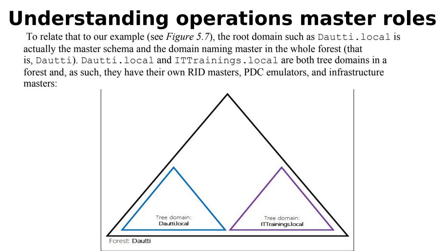Duwati.local and ITT training.local are both domains in the forest. And they will have their own RID, PDC, and infrastructure masters. Clear? This is just an example. So the master schema, there is only one in the forest, and it is stored in Duwati.